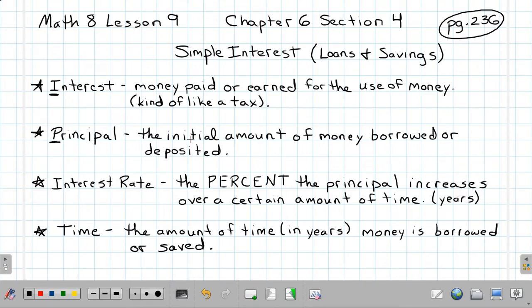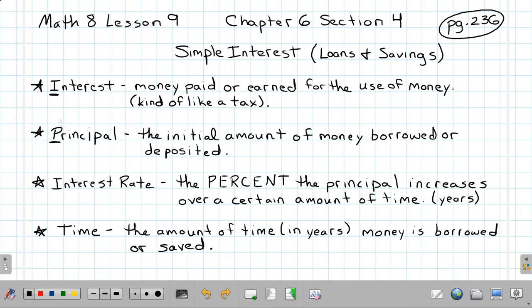The principal is the initial amount of money borrowed or deposited. So in terms of the loan, it's how much money you actually borrow from the bank or from somebody. And then in terms of a savings account, it's how much you deposited initially in the savings account. And when we work the problems, it'll be clear what we mean when we're talking about the principal.